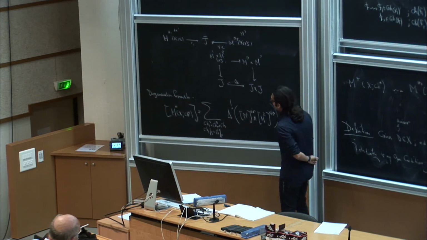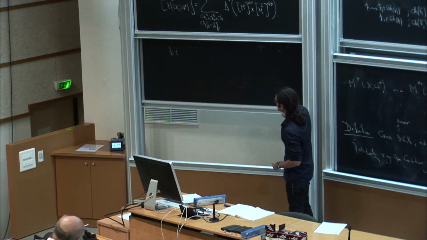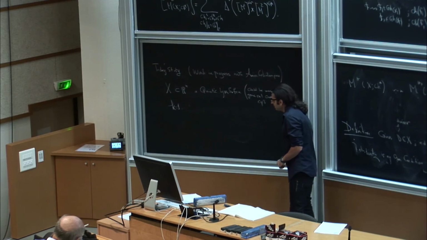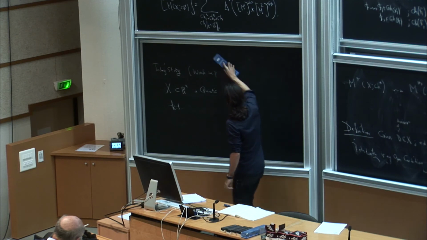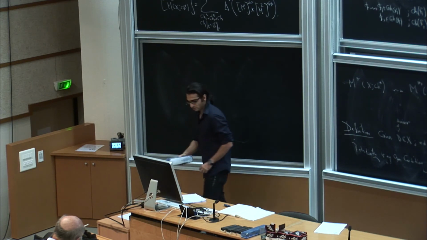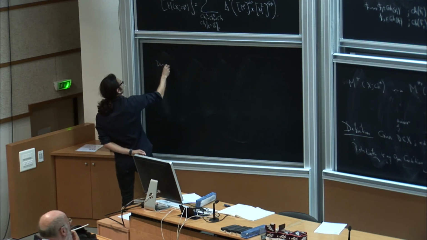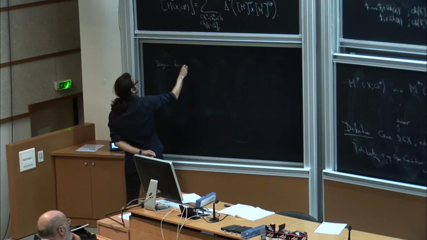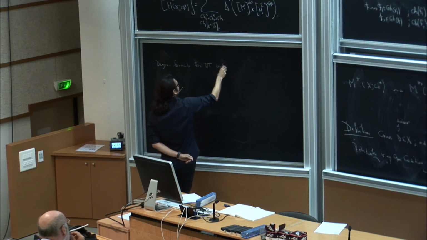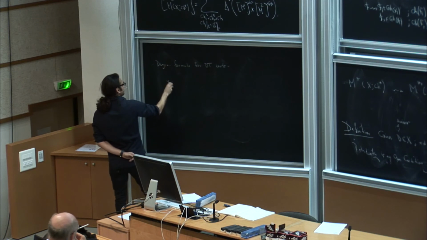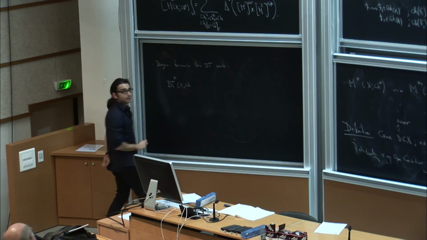Okay, so this is at the level of virtual cycles, and if I integrate both sides of this equation, roughly speaking, I will get the degeneration formula for the invariants. So this is what you will get. So degeneration formula for DT invariants. So DT invariants of H-stable sheaves.